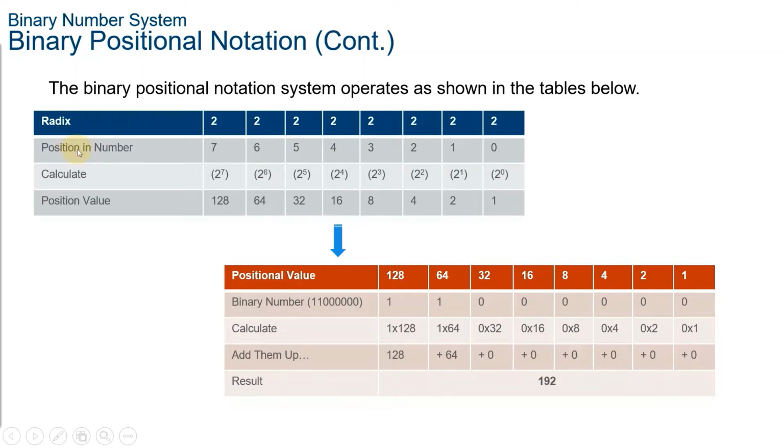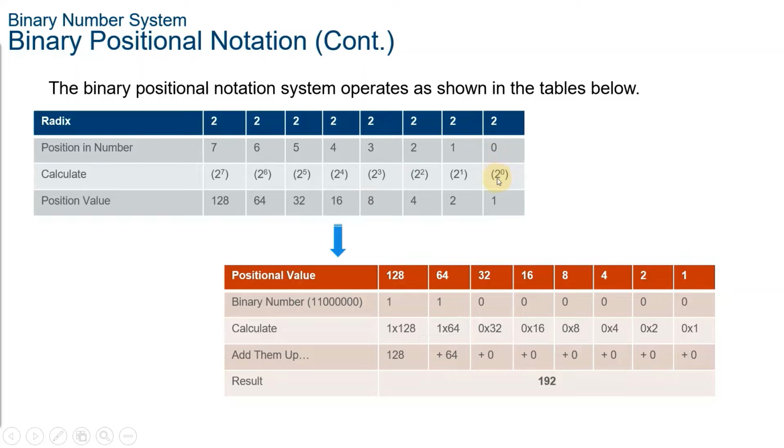Row 2, position in number, considers the position of the binary number starting from right to left. So that would be 0, 1, 2, 3, 4, 5, 6, and 7. Same as what we did in the previous slide on decimal, we just have to raise the radix to the position in number.